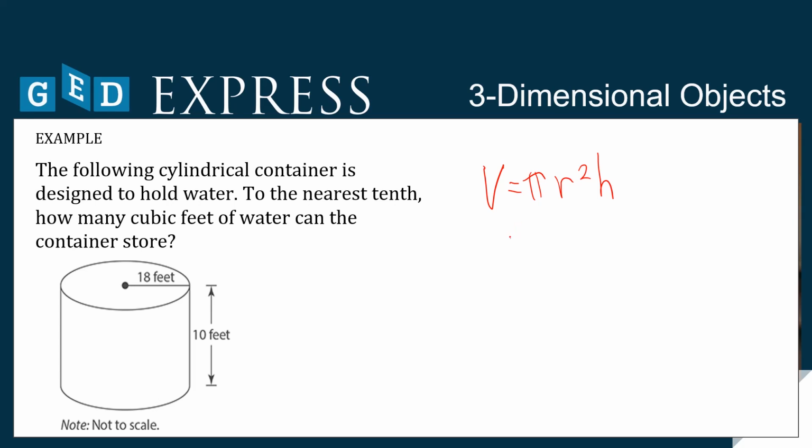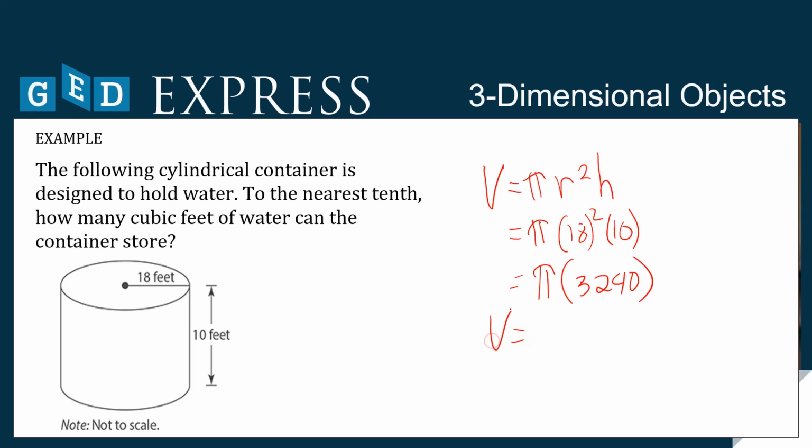So replacing r by the given radius, we have pi times 18 squared, then replacing h by the given height, which is 10. Then, using a calculator, pi times 18 squared times 10 is equal to 3240 times pi.